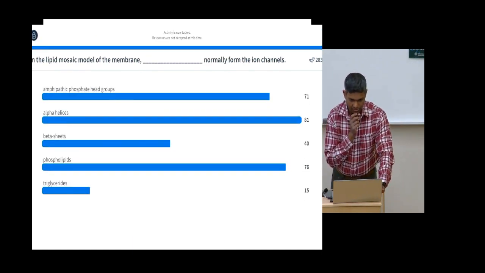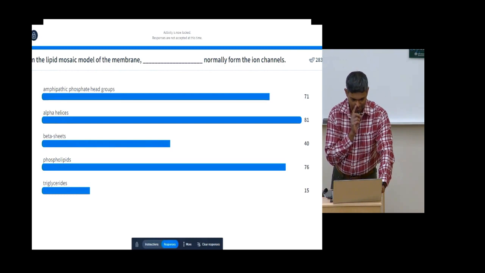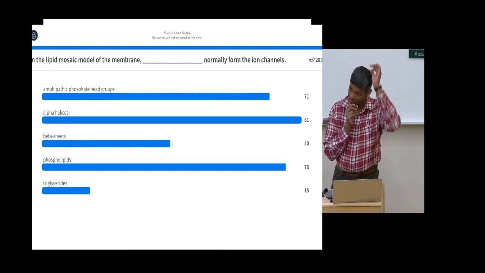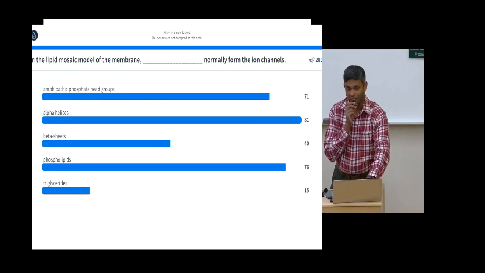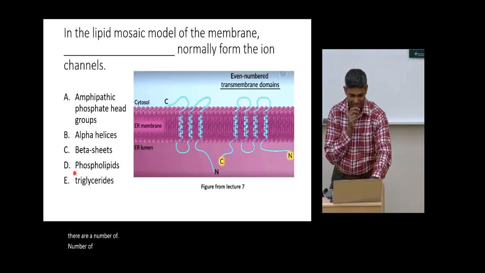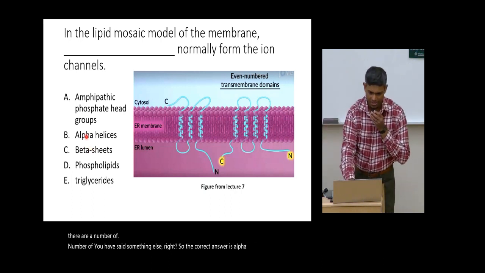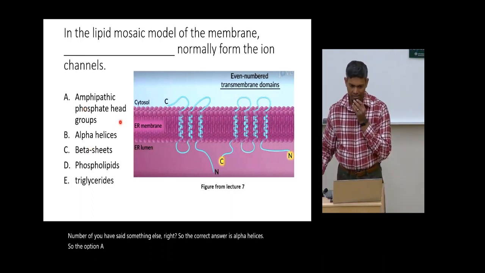Okay, so most of you said alpha helices, and let me walk you through this because there are a number of you who said something else. The correct answer is alpha helices. Option A said amphipathic phosphate head groups.